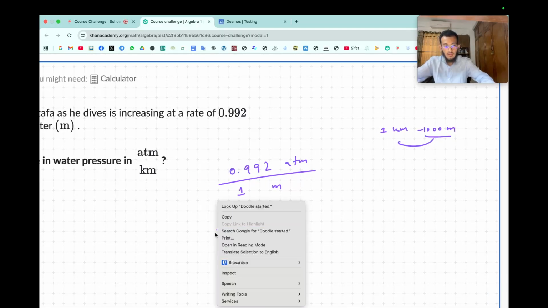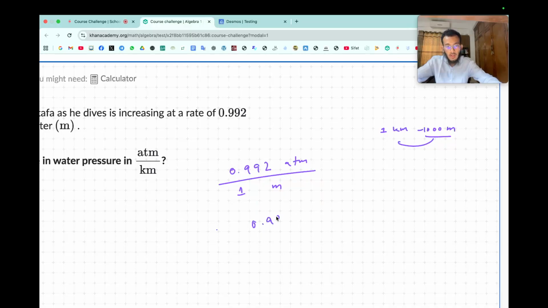So we can write this as 0.992 atm per 1 divided by 1000 kilometer. We can replace 1 meter with 1 by 1000 kilometer, because from kilometer to meter, if you go back, it will be 1 by 1000 times 1000 meters, essentially the same thing.